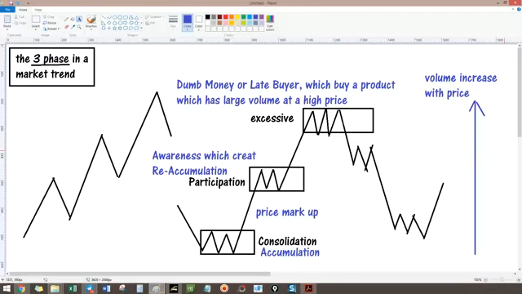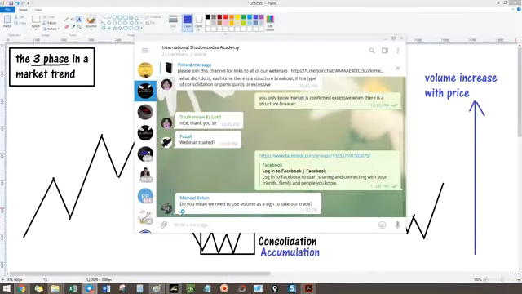Before this, I need to explain. The question is: do you mean we need to use volume as a sign to take a trade?